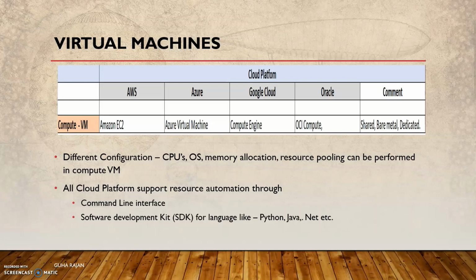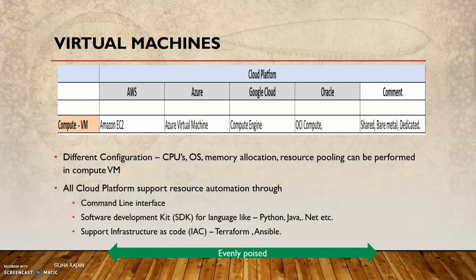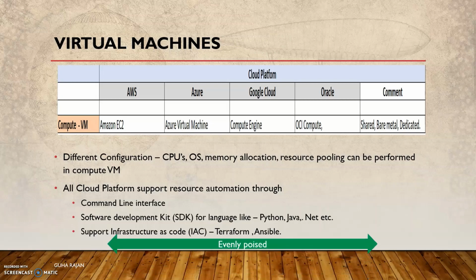And all of them support infrastructure as code, which is Terraform and Ansible. So as far as the virtual machines are concerned, not much of a difference. I would say it is evenly poised across all of the cloud platforms.